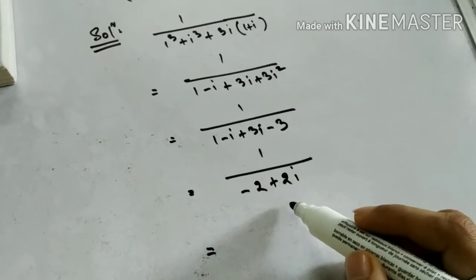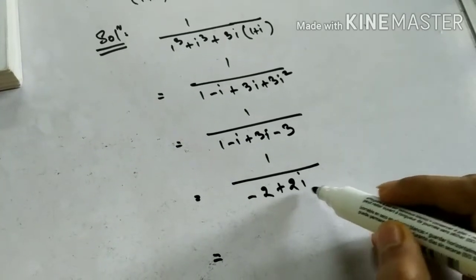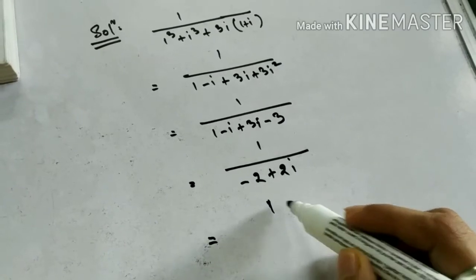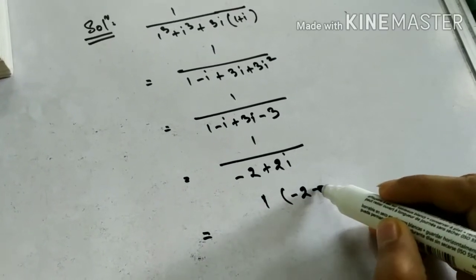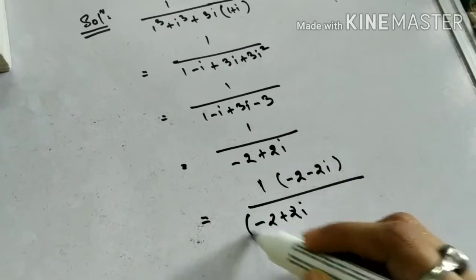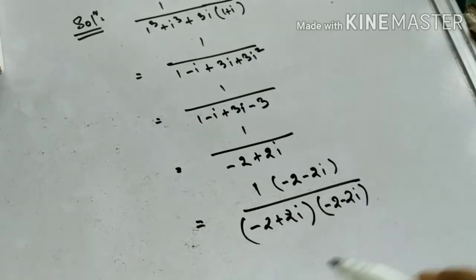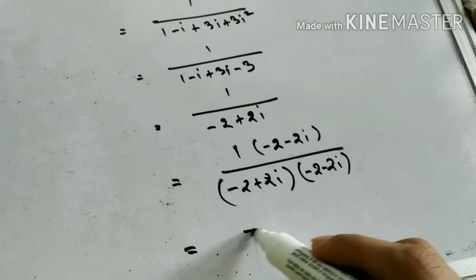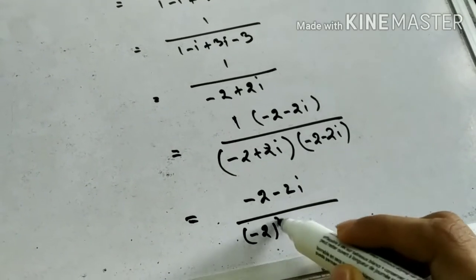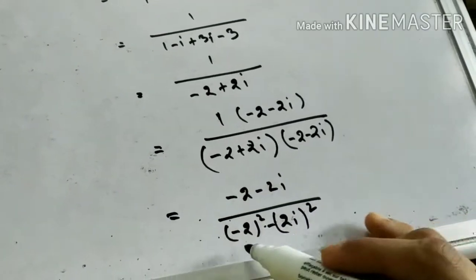So now 1 into (minus 2 minus 2i) by (minus 2 plus 2i) into (minus 2 minus 2i). So minus 2 minus 2i by (minus 2) the whole square minus (2i) the whole square, using the (a plus b)(a minus b) formula.